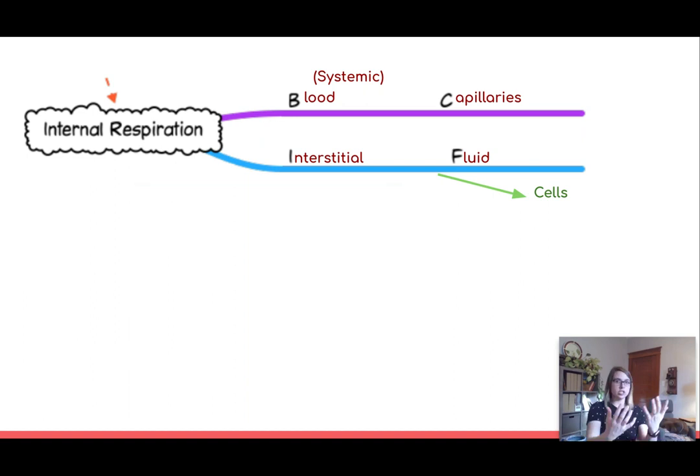The oxygen, by simple diffusion again, is just going to move from the capillaries into the interstitial fluid and then into my cells. Likewise, carbon dioxide, which is in high concentration inside the cells, is going to move into the interstitial fluid. From there, it's going to move into the blood capillaries, and then my heart is going to help get it back to the lungs where I can exhale it through expiration. Those are the events.